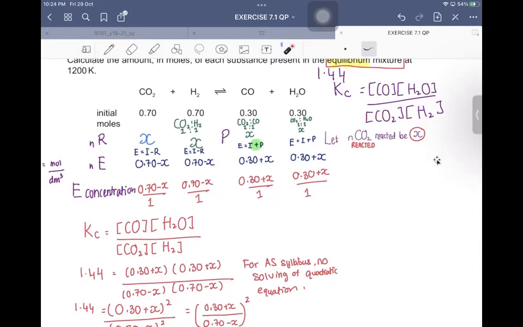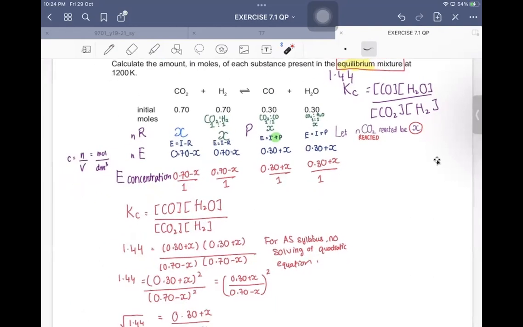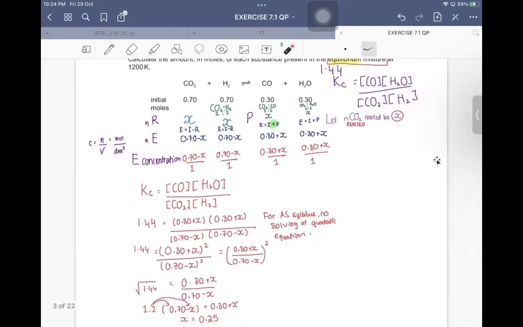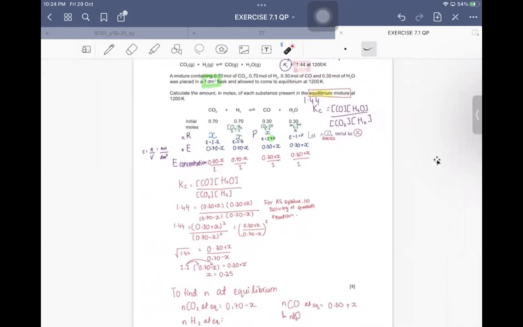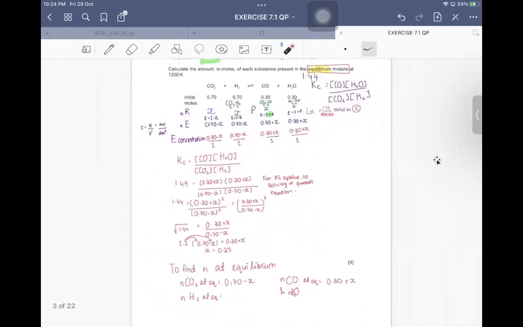Yes, you can do that as well. No problem with that, of course. But if you come to a point where you have to solve a quadratic expression, that means it's wrong. Do not try to find a way that requires you to solve quadratic equation.